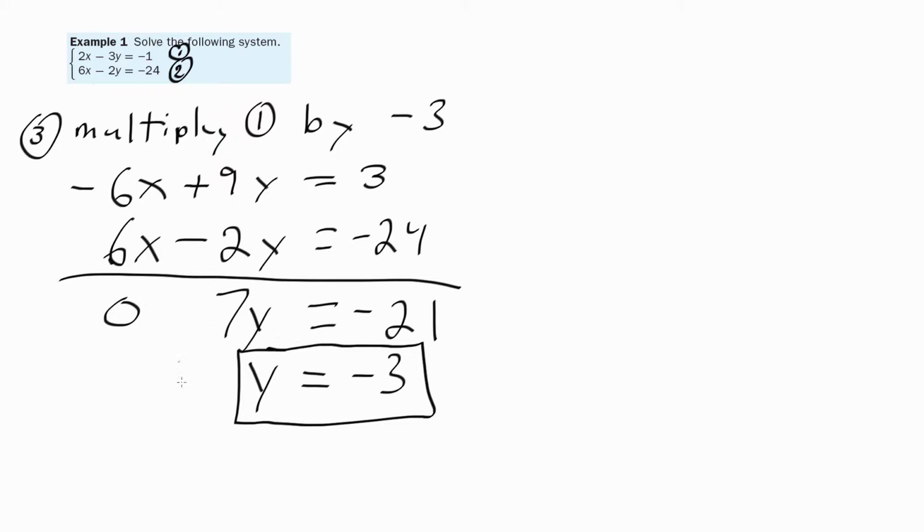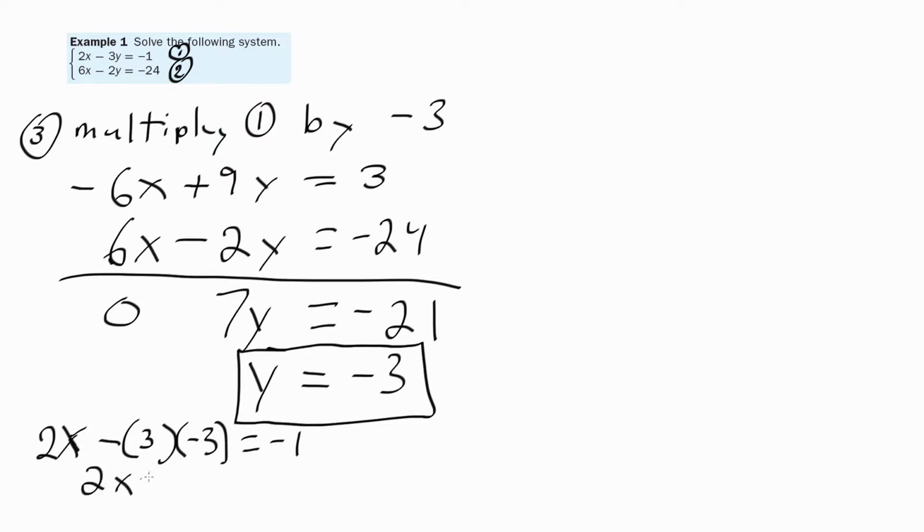I need to find out what x is. So I'm going to pick an equation and put in a value for y and see what I can get. So let's see, 2x minus 3 times -3 equals -1. Well, -3 times -3 is 9.